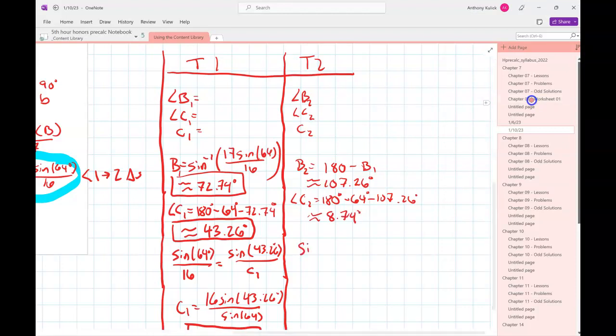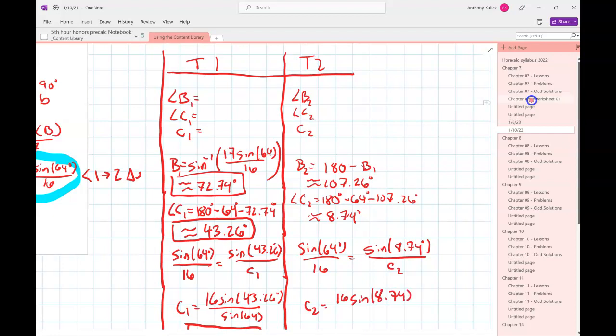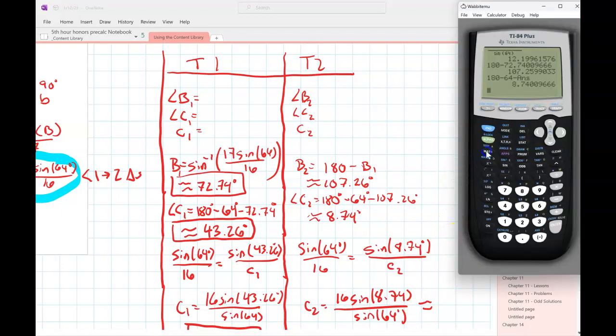And then I set up the same law of sines problem, but in this case, I'm using my new angle C. So 271-ish.